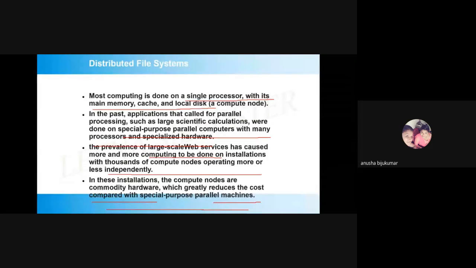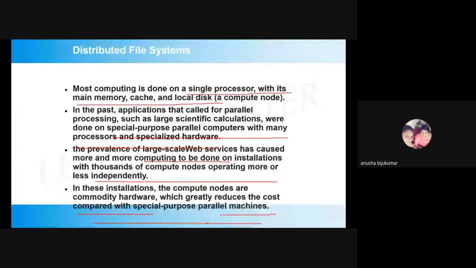That is, in web services, thousands of compute nodes or local disks will be operating independently. But in parallel processing, they are using special purpose parallel computers.